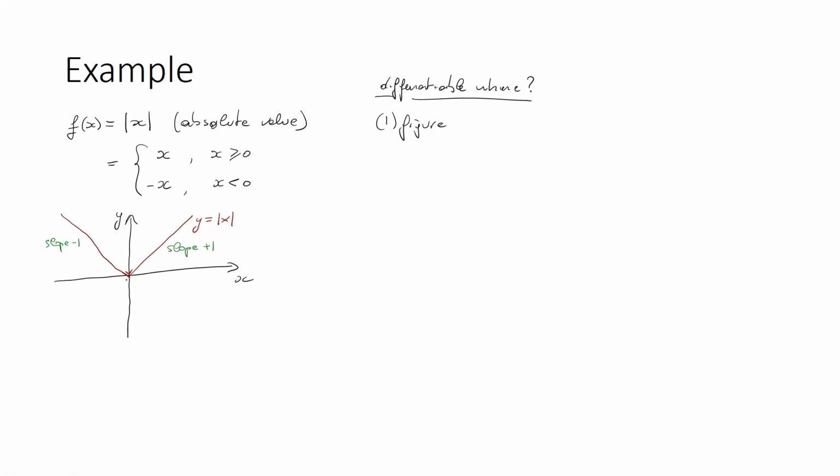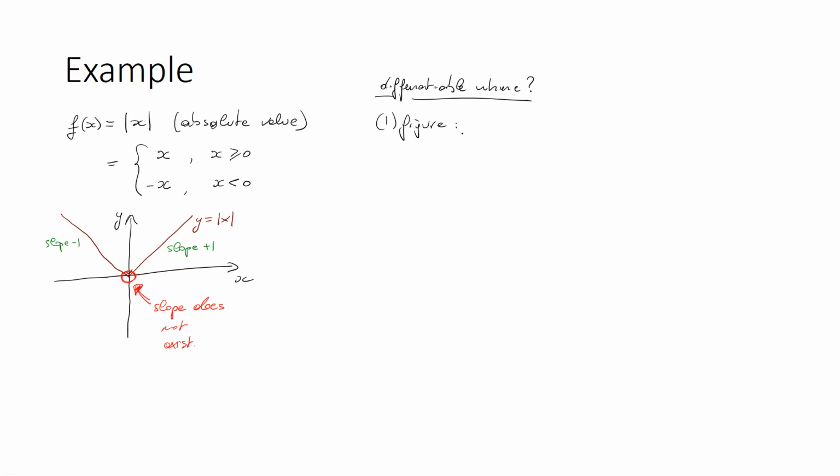Now the big question is, what is the slope of this function at the origin? I think you'll agree with me that here this slope does not exist. The function goes down, and then all of a sudden at the origin, it flips by 90 degrees and goes up again. So at the origin, we can already see the slope does not exist.